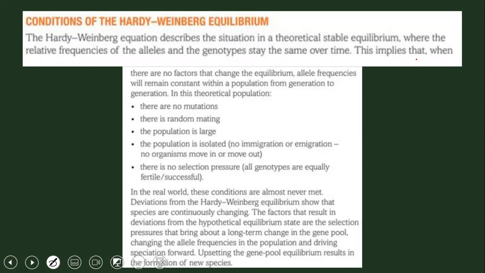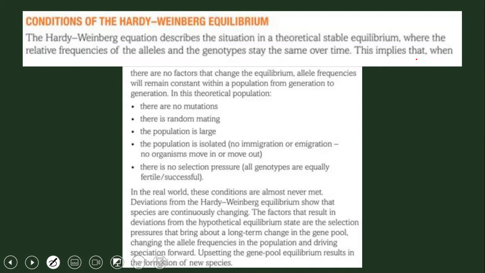The last condition is that there should be no selection pressure for this equilibrium to apply, right? So all alleles should have the same level of reproductive advantage or disadvantage, right? There should be no allele that has a greater advantage, because that is what happens in selection pressure. Someone has an allele that is advantageous, so that allele gets selected for.